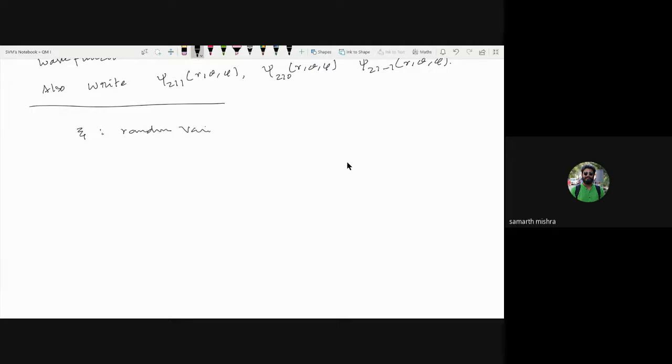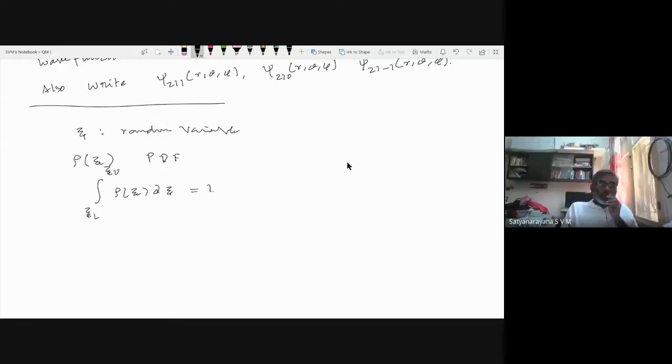If you define rho of psi as its probability distribution function, then the integral from the psi lower limit to the psi upper limit of rho of psi d psi has to be equal to 1. So here I cannot put anything different. This has to be only d psi.